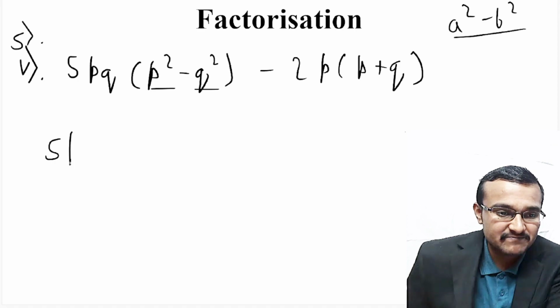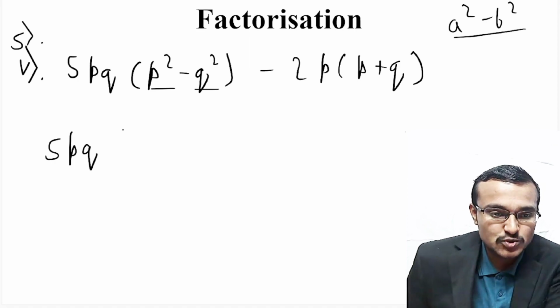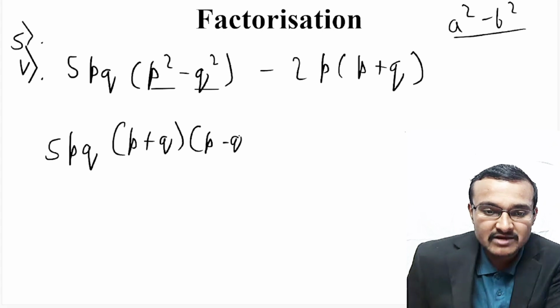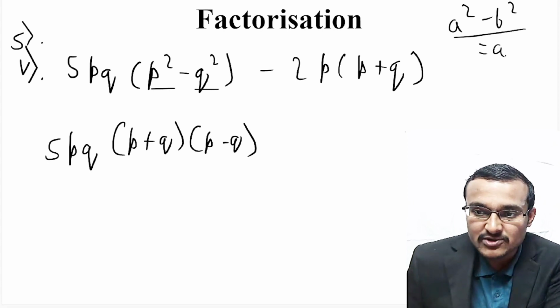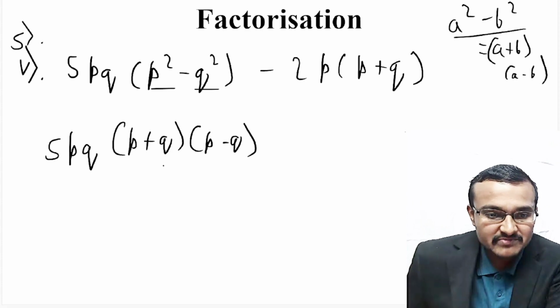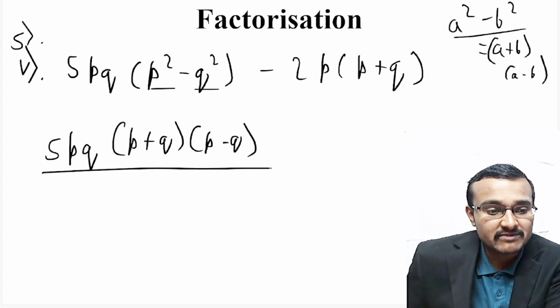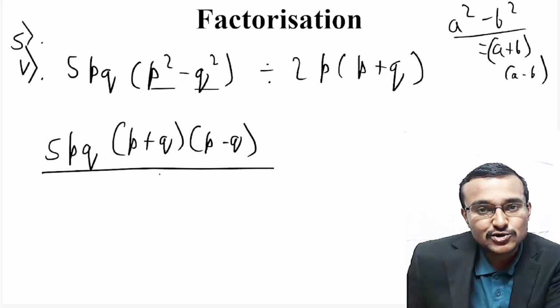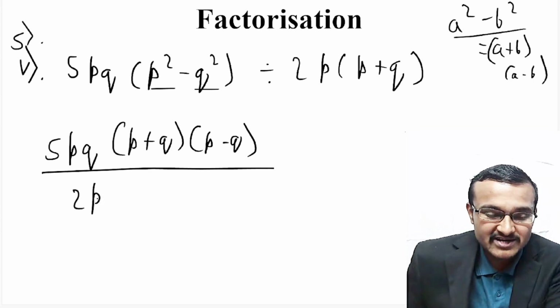So 5pq(p² − q²) can be written as (p + q)(p − q), because a² − b² is equal to (a + b)(a − b). In the denominator you will be having 2p(p + q).